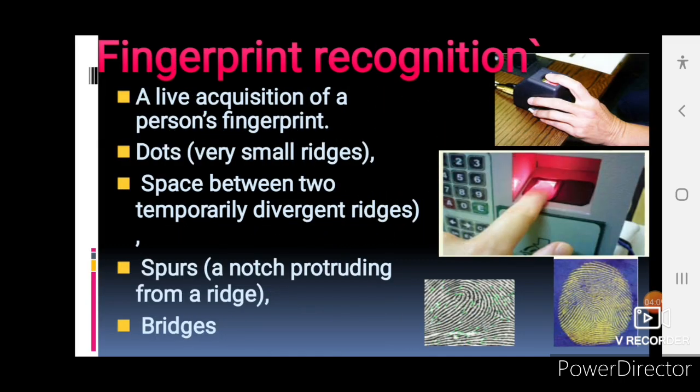Fingerprint recognition. The patterns on the ridges of the fleshy part of our fingers are unique. No two individuals, even identical twins, have fingerprints that are exactly alike. Fingerprint ridges are formed during the third to fourth month of fetal development and persist lifelong.